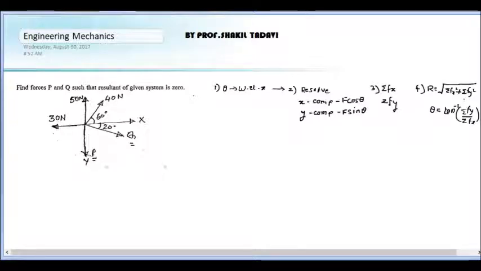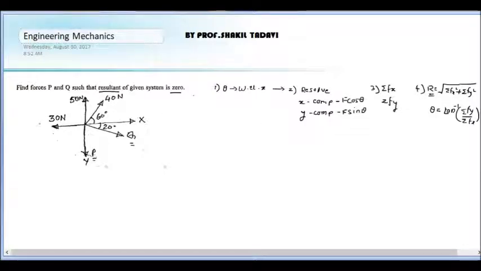Now here, in this problem, the data available is that the resultant of this force system is given as 0. It means we will start solving this problem from this end, that is, from step 4.